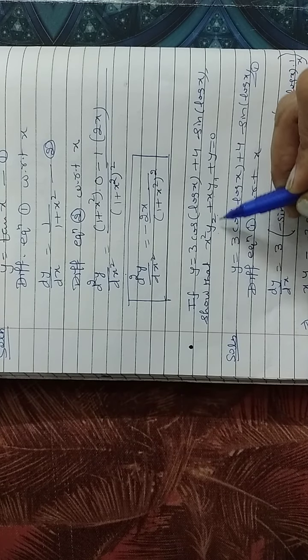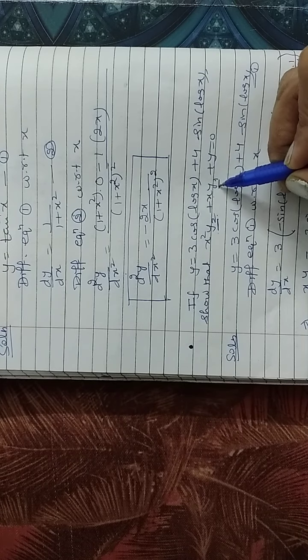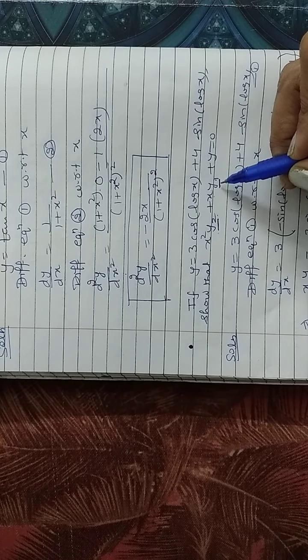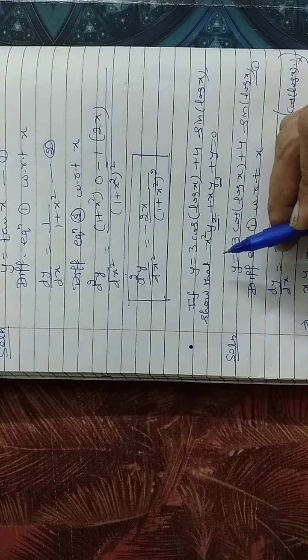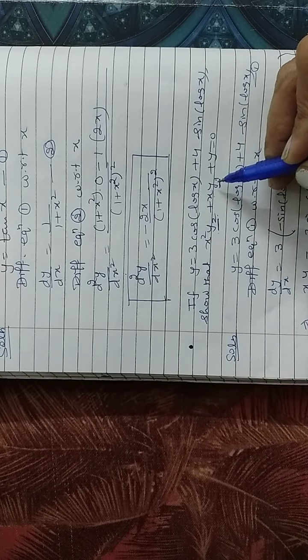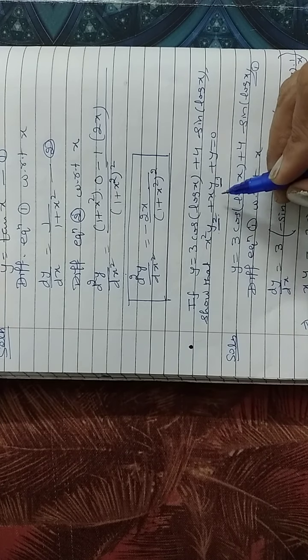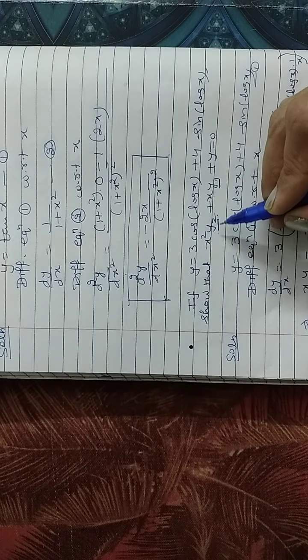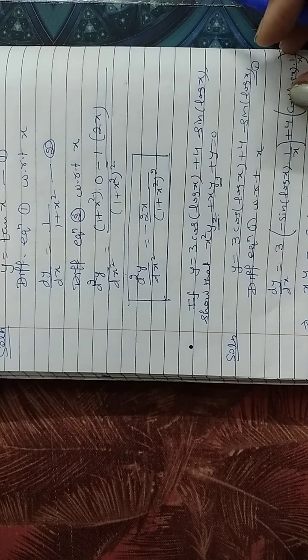Children, here y2 is nothing but second order derivative. This y1 is first order dy by dx, right? So y2 is d2y by dx square, and y1 is dy by dx. So firstly find first order derivative and second order derivative and keep the values of those in left hand side.